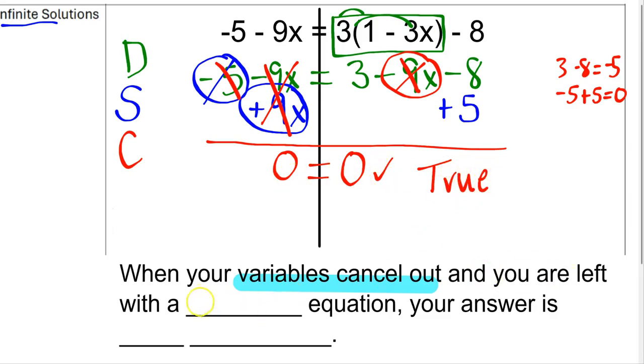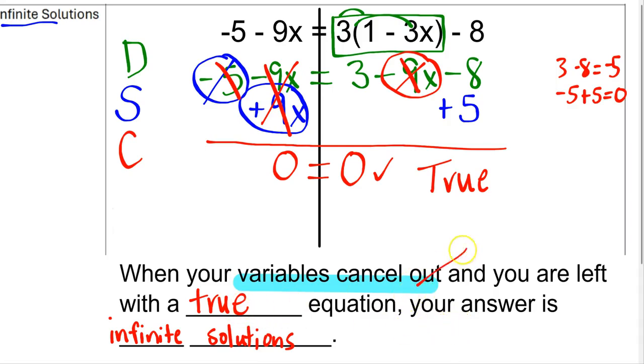So when you are left with a true equation, your answer is going to be infinite solutions. And actually, I think on your notes it says something, I made this a little bigger, but it's the same, right?